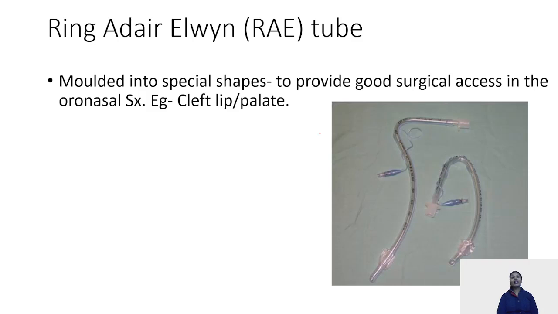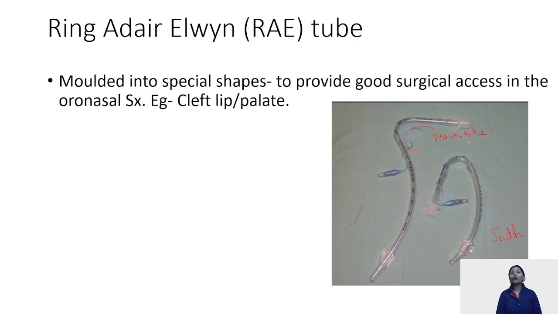Then comes the Ring Adair Elwin tube, the RAE tube. These are preformed curved tubes which provide good surgical access in oronasal surgeries like cleft lip and palate. You have a north pole and a south pole. This is the south pole tube, and this is the north pole tube.